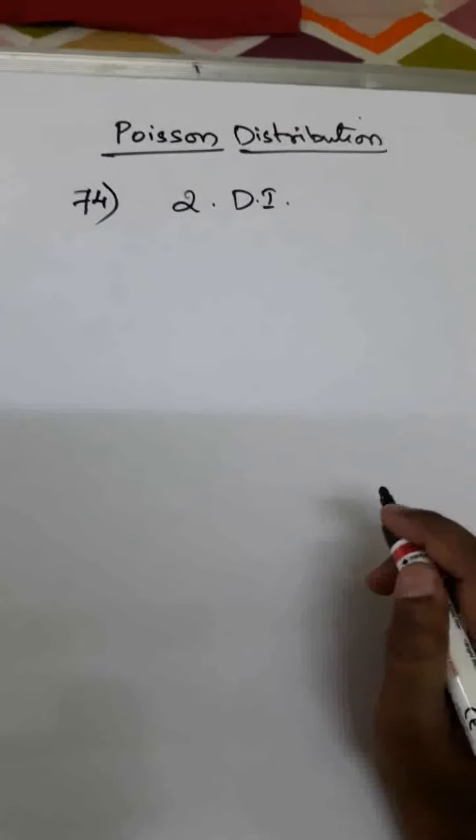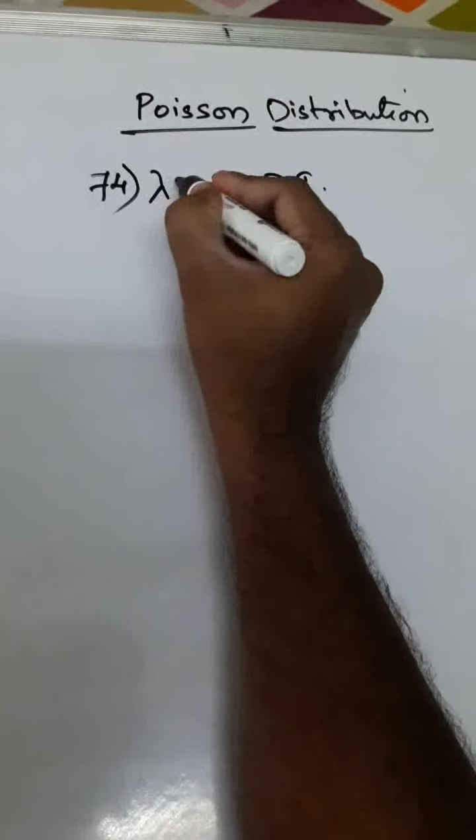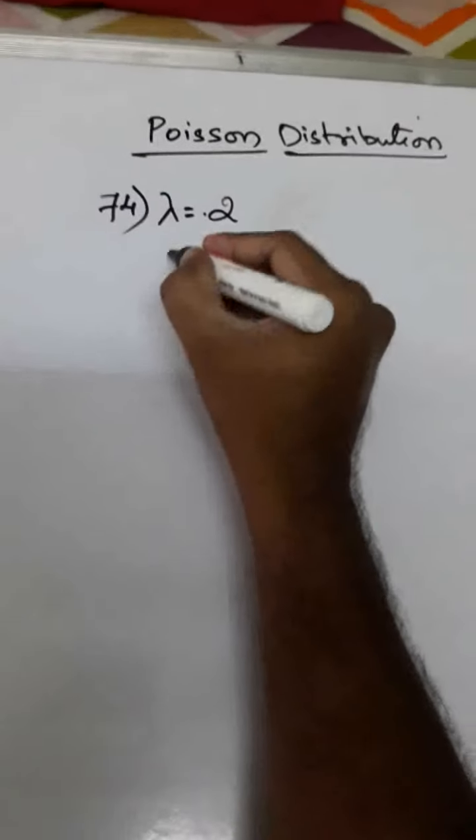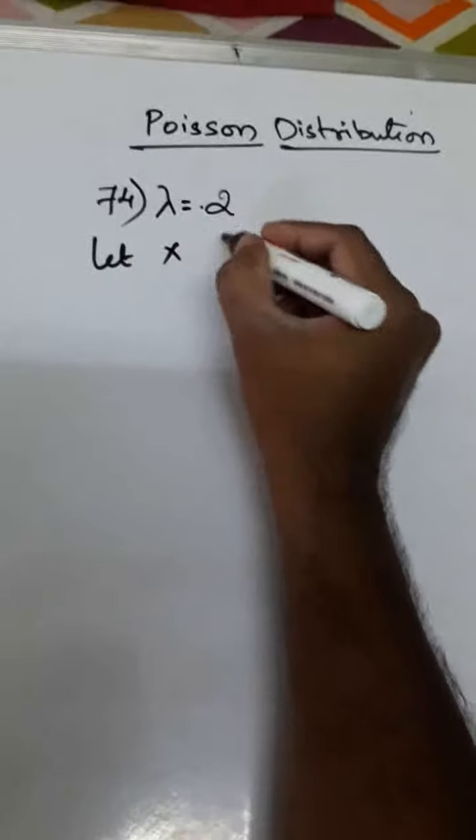So on an average we have 2 defective items in a box. That means lambda, as you all know, the average mean of Poisson distribution is lambda. Here the one and only parameter we have is lambda. So lambda is given as 2.